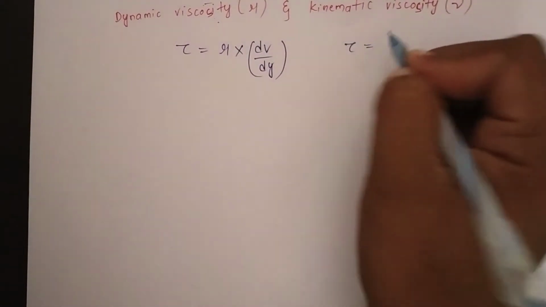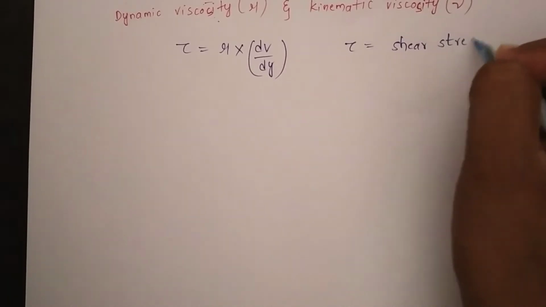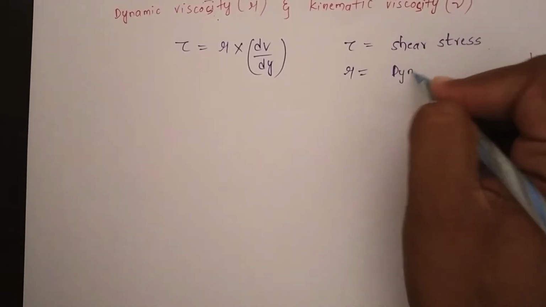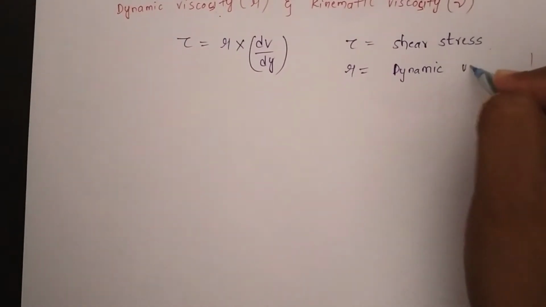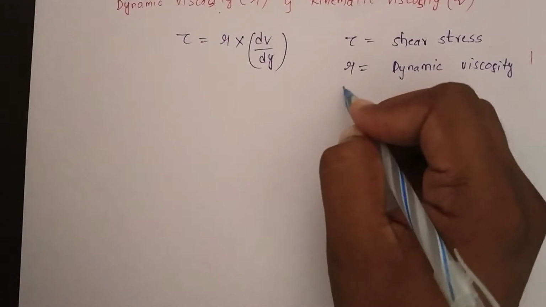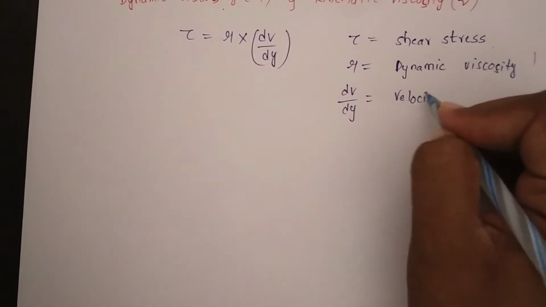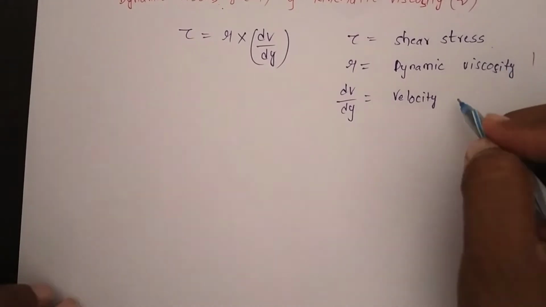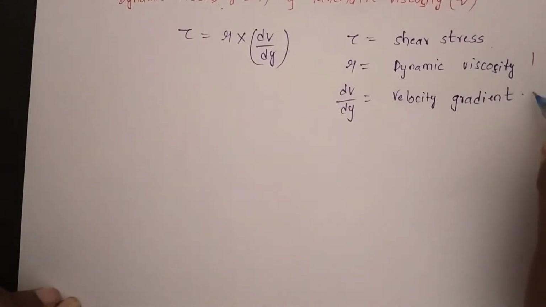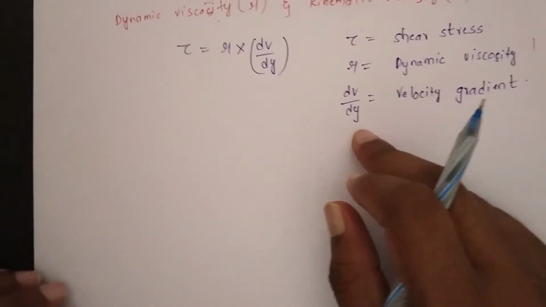In this, tau is equal to shear stress, mu is equal to dynamic viscosity, and dV by dy is equal to velocity gradient. In this, v is nothing but velocity and y is equal to distance.